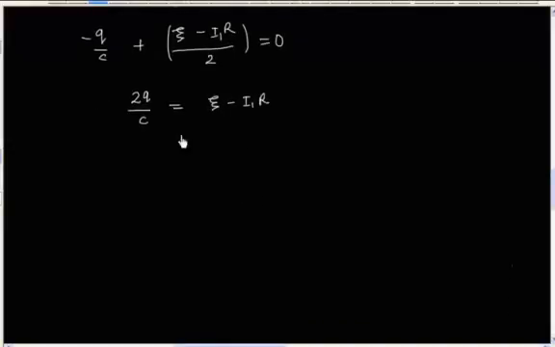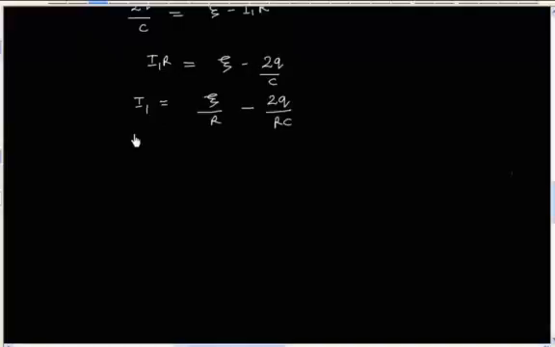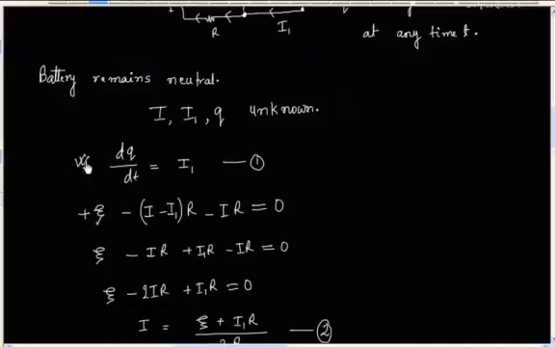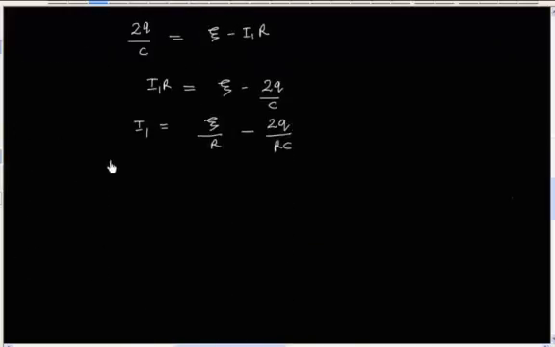Or we can write I1R equals xi minus 2Q by C, or I1 equals xi by R minus 2Q by RC, and I1 is nothing but dQ by dt. So we have this equation. So we can take the RC LCM.